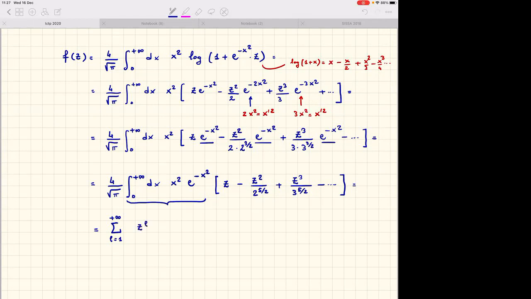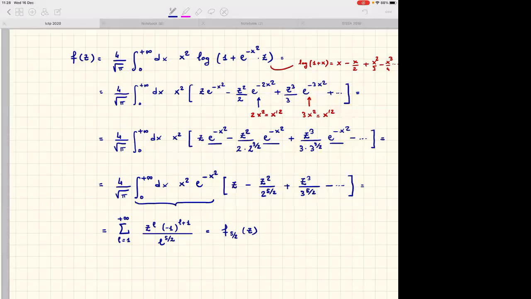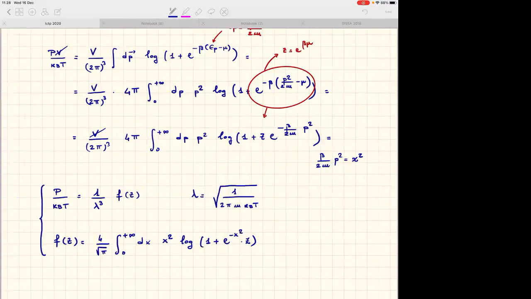Z to the power L, minus 1 to the power L plus 1, divided by L to the power 5 halves. So that's why I'll call this function f of 5 halves z. Now, this allows me to essentially sort out what is the first of these two equations.